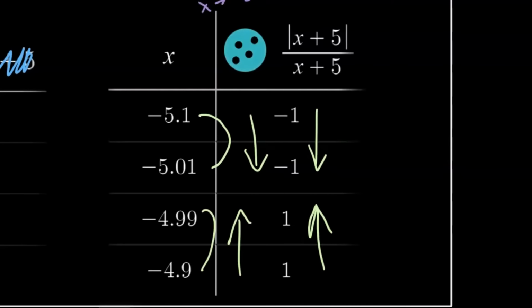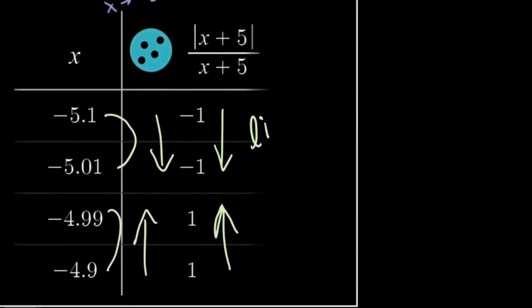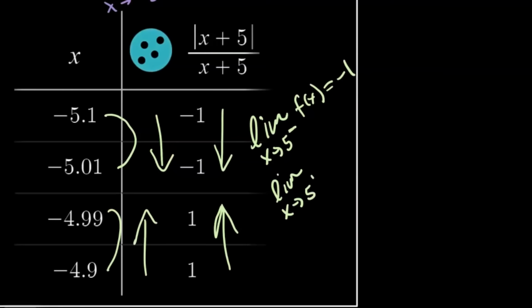We can see, if we were to take a one-sided limit, that the limit as we approach from the negative side is equal to -1. And the limit as we approach from the right is equal to +1.